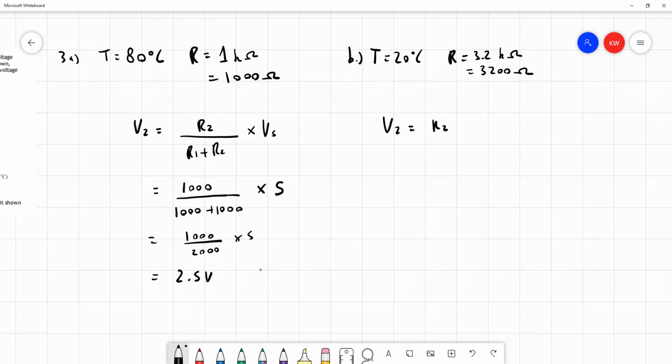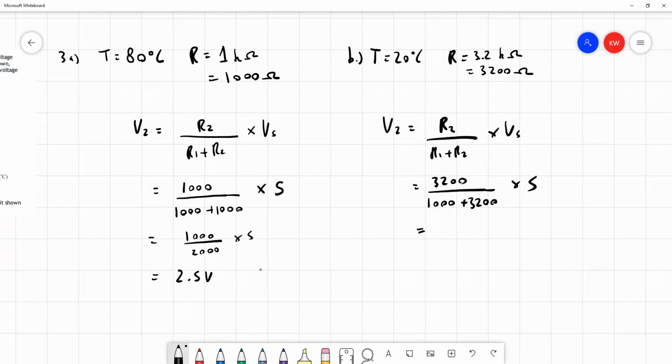To perform the calculation, we use the same formula as in part A. V2 is equal to R2 divided by R1 plus R2, times Vs, the supply voltage. There we have 3,200 divided by 1,000 plus 3,200, because the first resistor's value hasn't changed, it's a fixed standard resistor, and this is multiplied by 5.